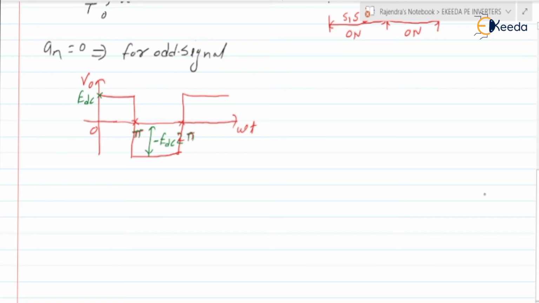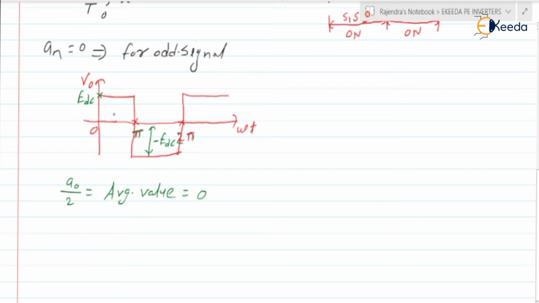Next, for this signal can we write a0 by 2? Yes, a0 by 2 is the average value. What is the average value of this signal? It will be 0, because from 0 to pi we have the positive values and from pi to 2 pi, for the same angle, we have the negative values of the same magnitude, so the average is 0.